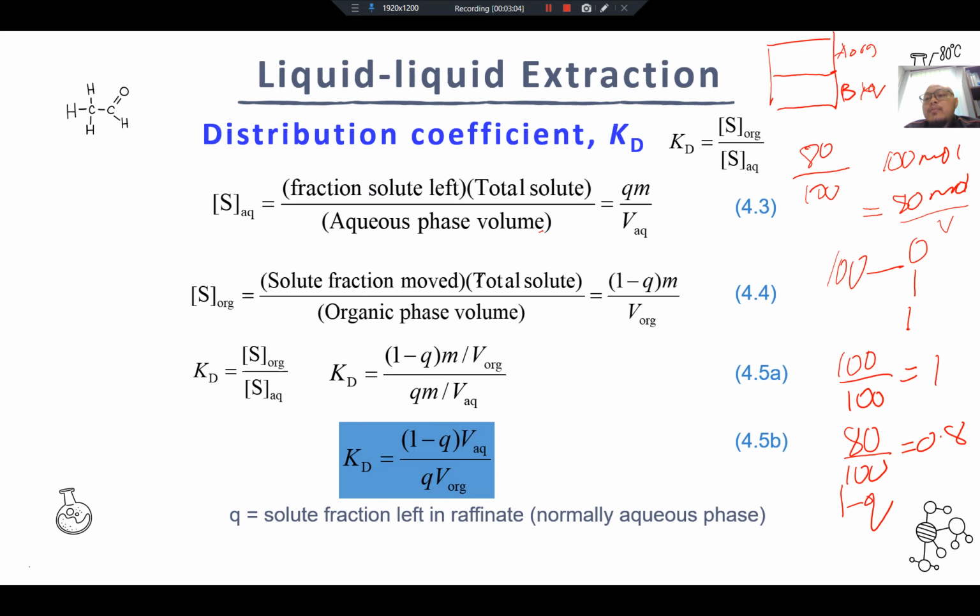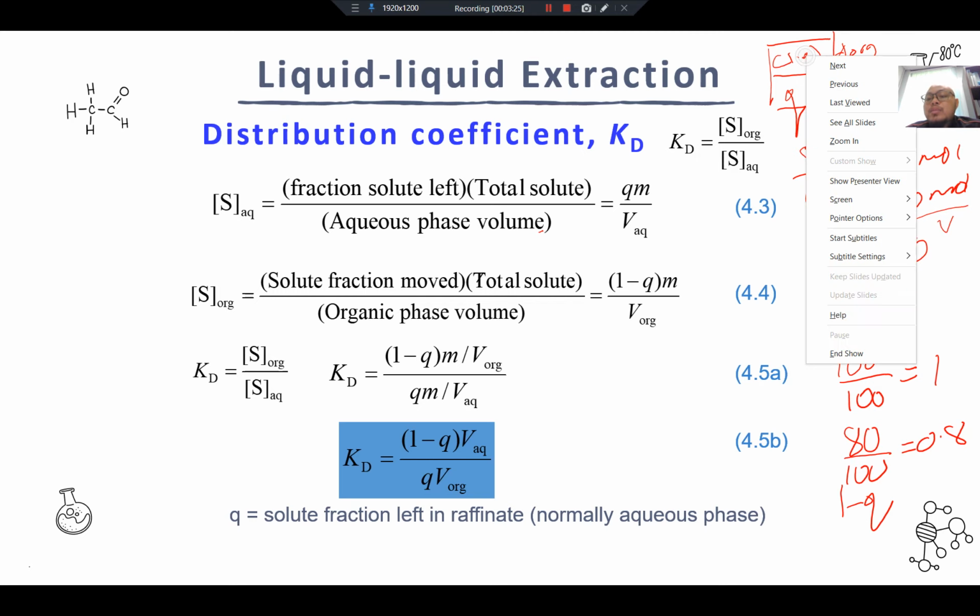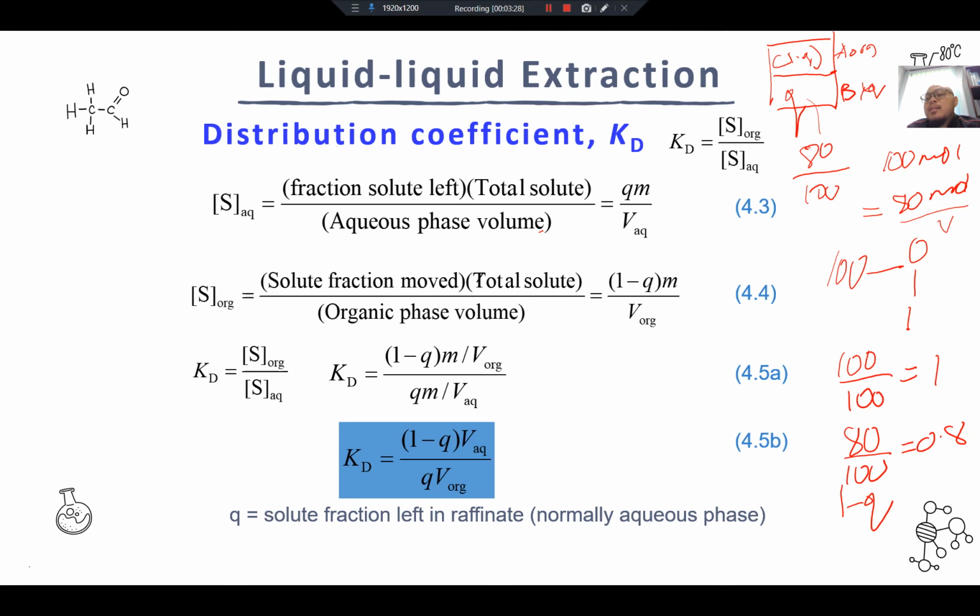The fraction number of the solute left in the raffinate we call Q. So the one that actually moves forward to the desired phase we call 1 minus Q, because Q is the one that is left in the raffinate. So you want to know the fraction over here, so you need 1 minus Q. Let's say Q is 80% or 0.8, so 1 minus 0.8 is 0.2. So 0.2 is actually at the desired phase, or the organic phase for this example.